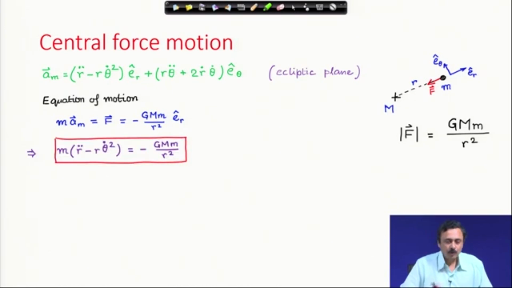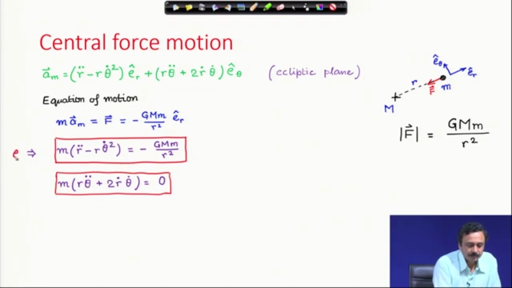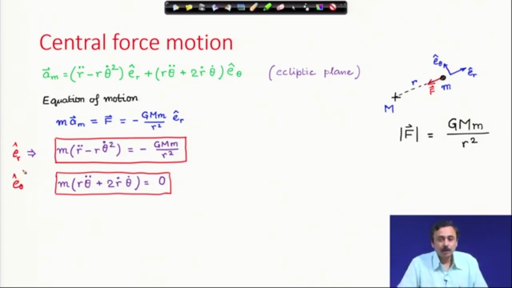Now, if you look at the two components, the first is the E r cap component and the other is the E theta cap component. The E r cap component gives us mass into r double dot minus r theta dot square equals minus G M m by r square. In the E theta cap direction, there is no force, therefore I have mass times the acceleration in the E theta direction as 0.